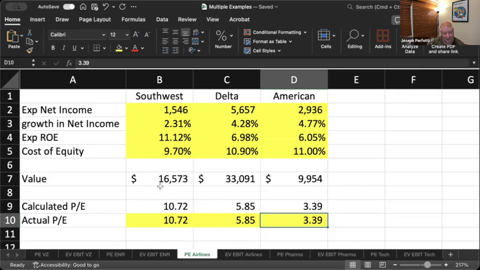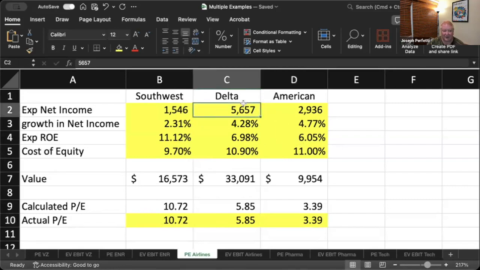So the analysis we're going to do is we're going to compare this company column B against two peers. So Southwest against Delta. Why is Southwest trading at a premium, 10.72, to Delta's 5.85? These are the 4 factors, right? But what we really realize is there's 3, because if we do key value drivers, we realize that the net income doesn't matter, doesn't affect PE. Remember that from the first week of class.